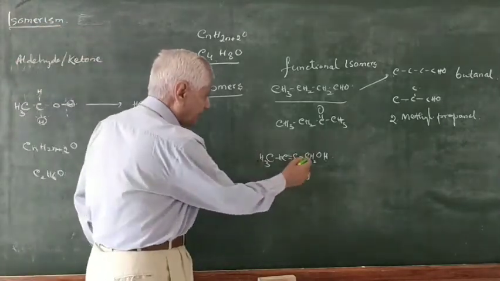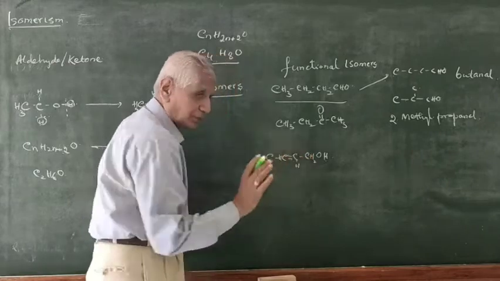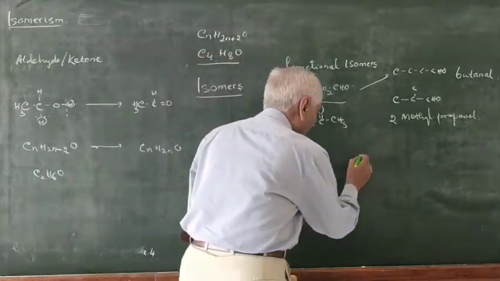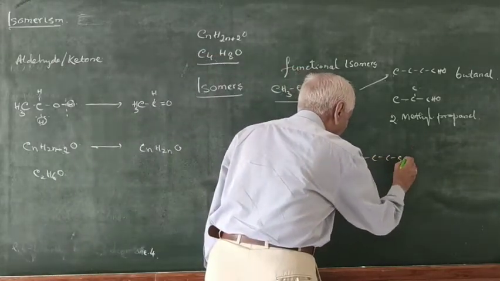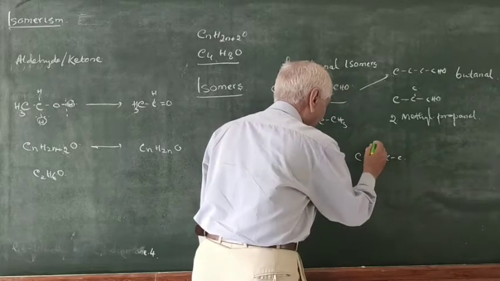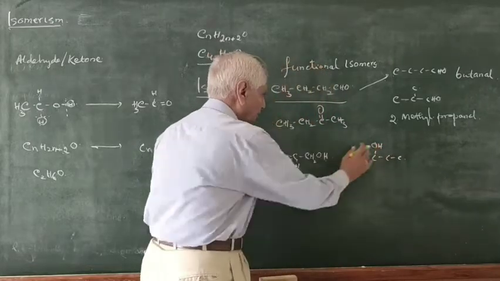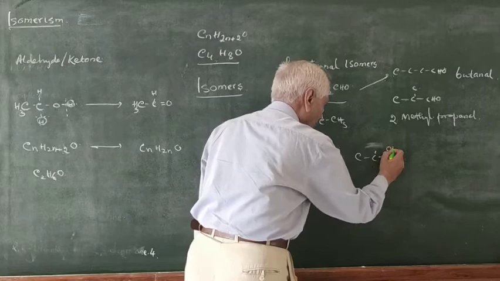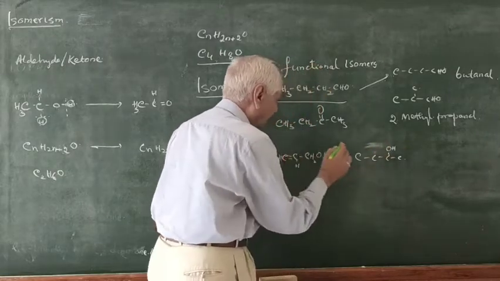So here 1, 2, 3, 4. Now write 1, 2, 3, 4, and write OH here, or you can write OH here, no problem, maintaining the double bond.